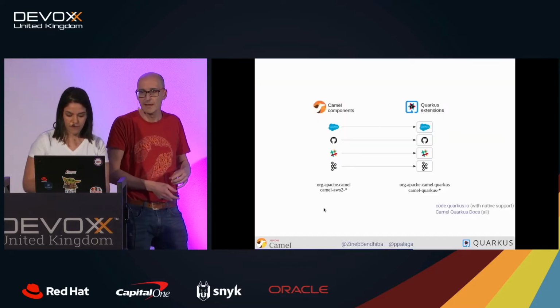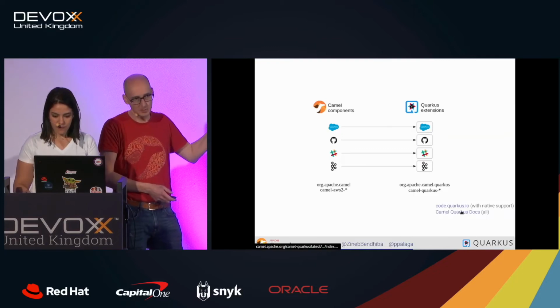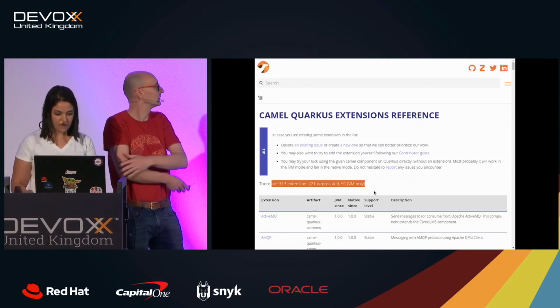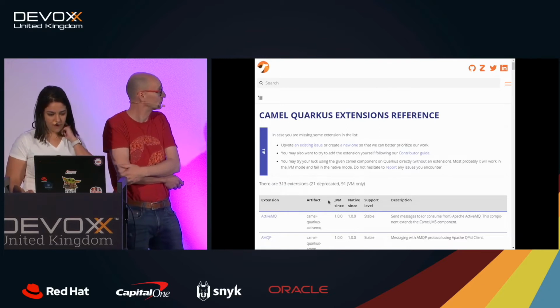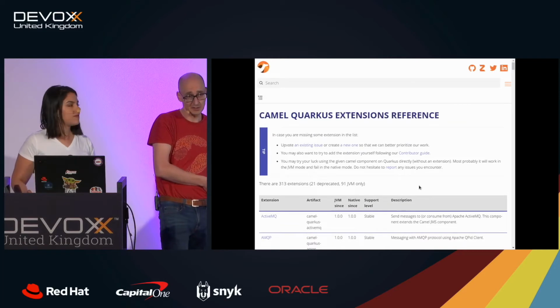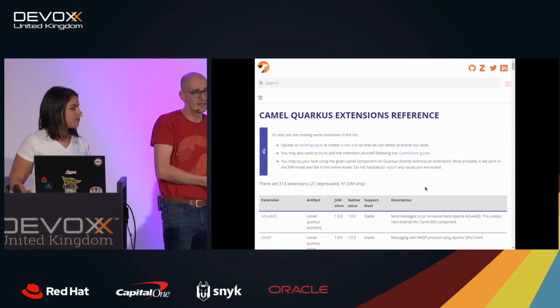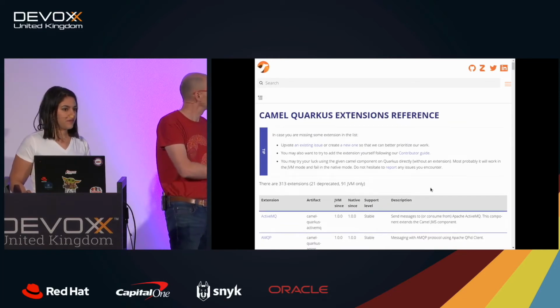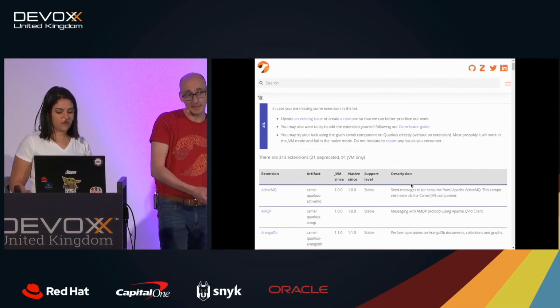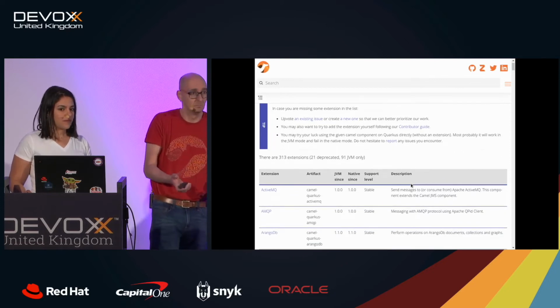Please go back. And if you want to see the complete list, including the extensions that are JVM only, you would go to the Camel Quarkus documentation, where there's the complete list. As you have seen, there's around 91 out of 313 not ported to native yet, and you may ask why.